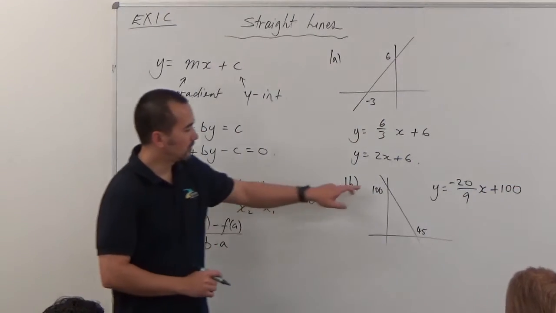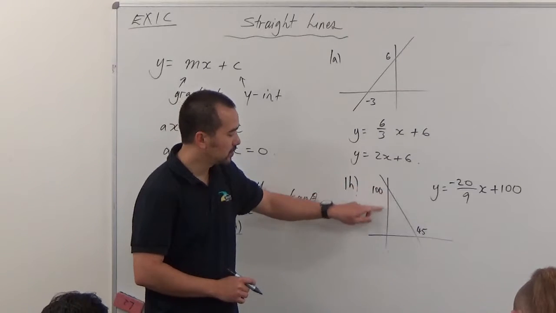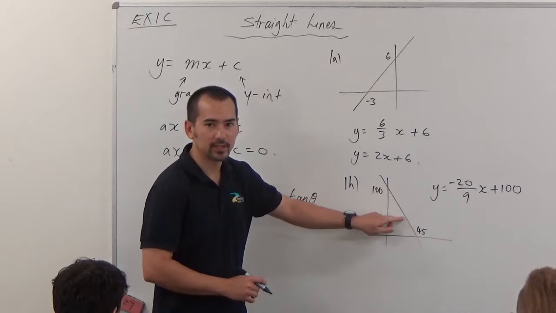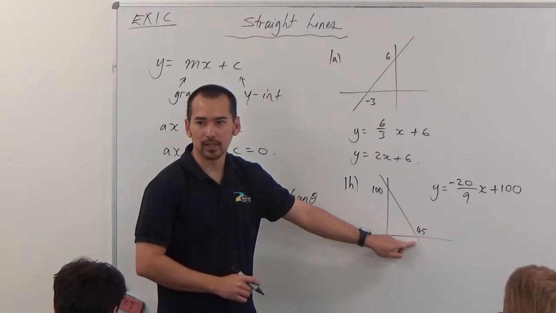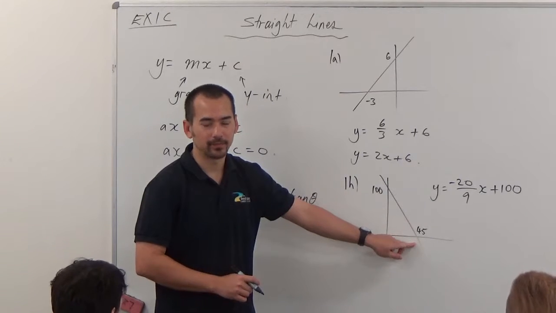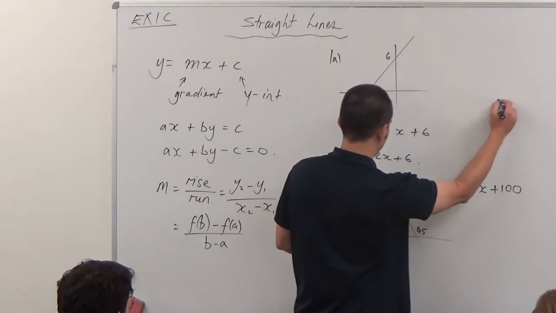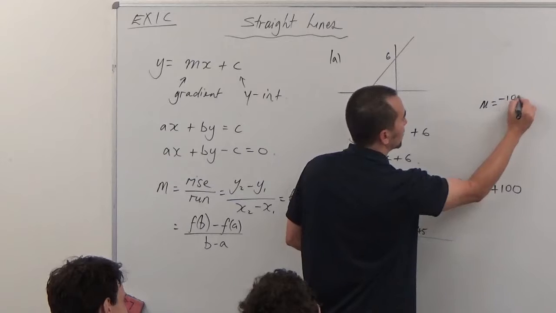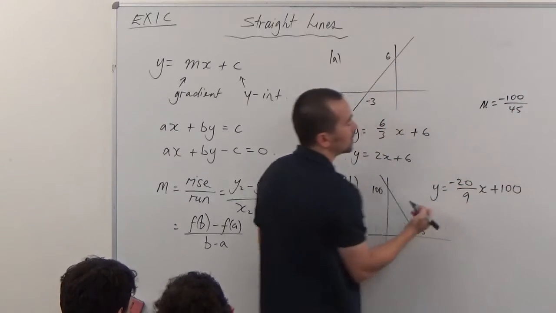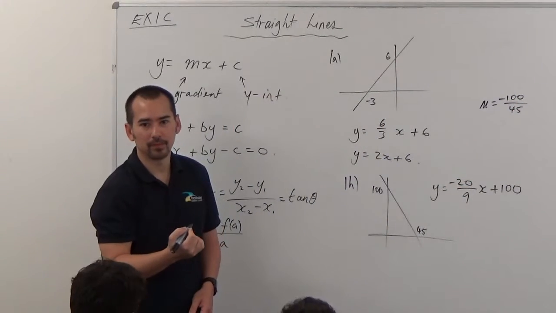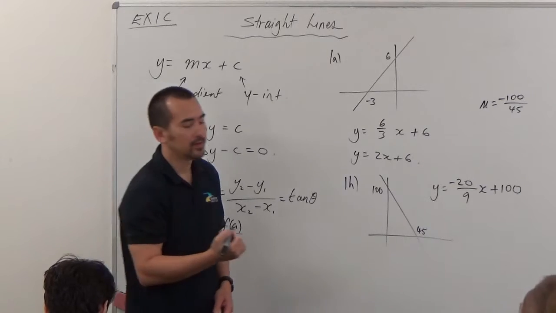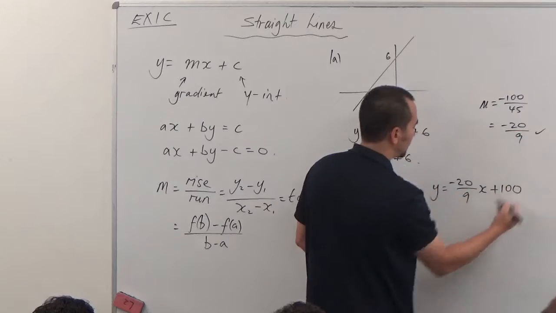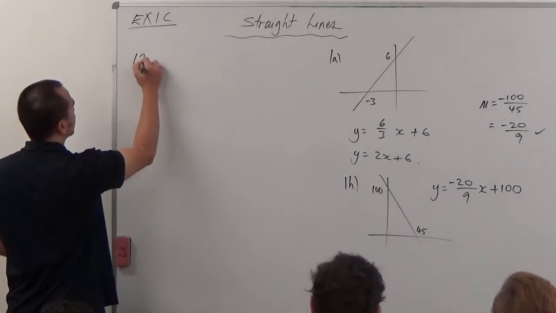So Bella is saying that from this coordinate we're going to go down 20 and across 9, down 20 across 9, down 20 across 9. That should meet up with 45, 0. Let's check it. The gradient is negative 100 over 45, dividing top and bottom by 5, we're going to get negative 20 over 9. Yes, Bella, I agree with you. Very good.